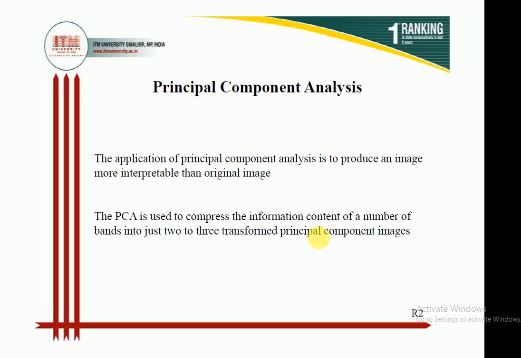In this, an image is compressed, means a single land feature can be viewed from various angles. So an image of a single land feature can be taken in various ways, in various bands. Means if the image of a land feature is taken in the visible wavelength range, it is different. If the image is taken in the near infrared zone, then it is also different.